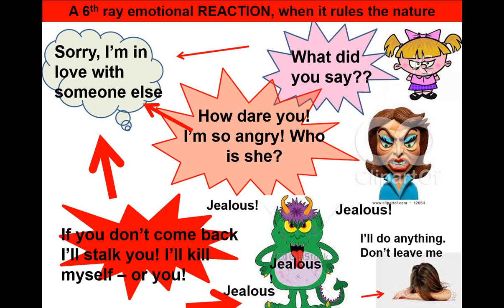And that's of course what happens in mobs, and you can see it in mob behavior, because Ray 6 rules mobs, unthinking emotional mobs. Some terrible things can be done when the mob mentality kicks in, and common sense and decency and a civilized attitude go out the window. And we see it all the time in the world.